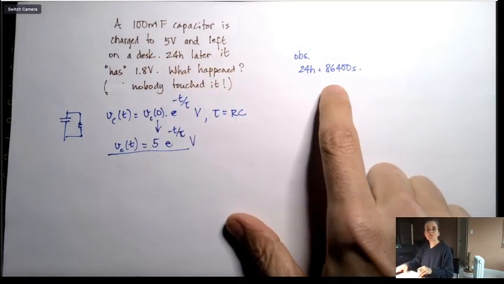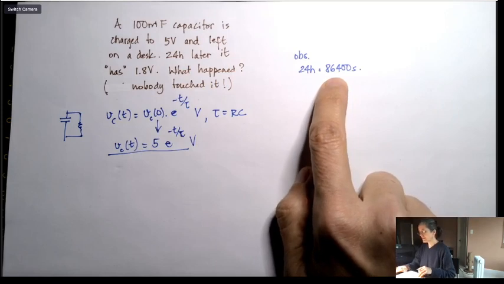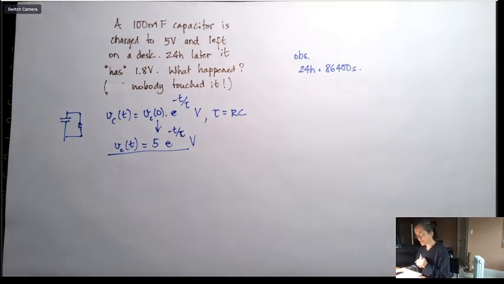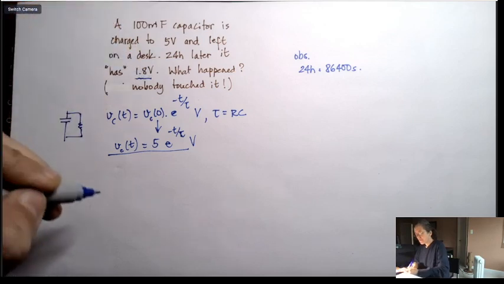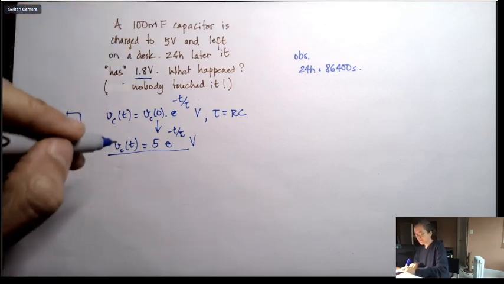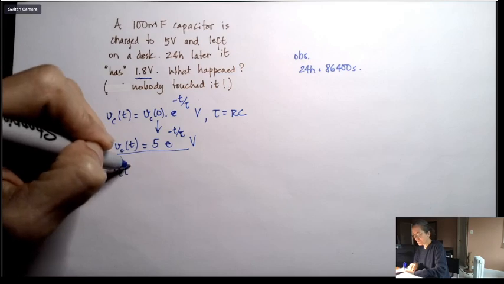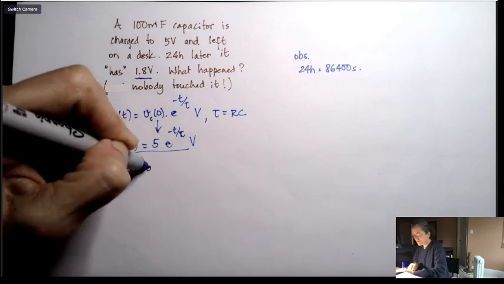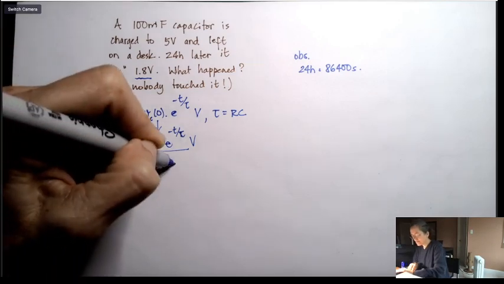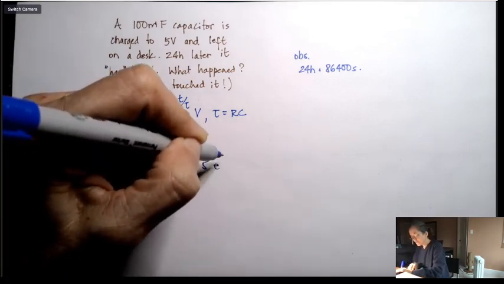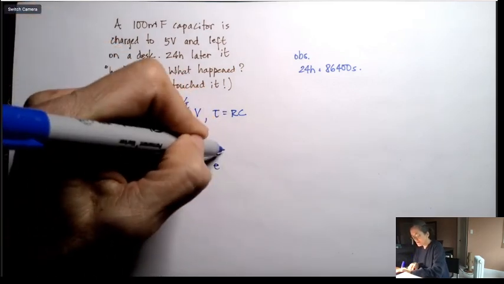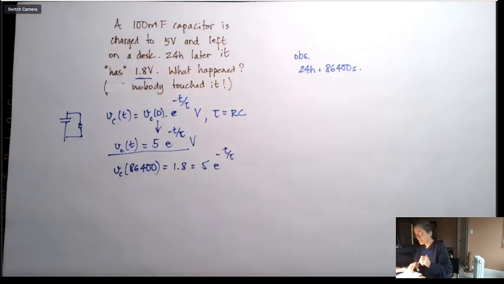And I wrote here 24 hours is 86,400 seconds. And what happens is after that time, it has 1.8 volts. So Vc of 86,400 is 1.8 volts, which is 5e to the minus that time t over tau.